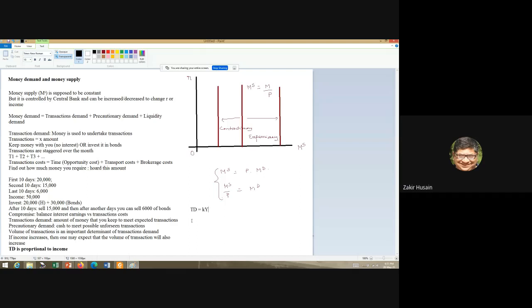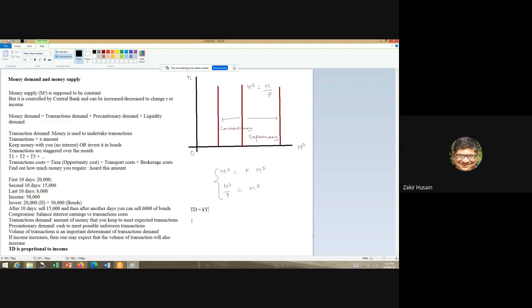If your income doubles and the value of K is, let us say, 0.5, then you will require double of what you required before. So if your income is 100, you expect 50 rupees to be the transaction. When your income goes up to 200, K is still 0.5, you expect 100 rupees as the transactions.